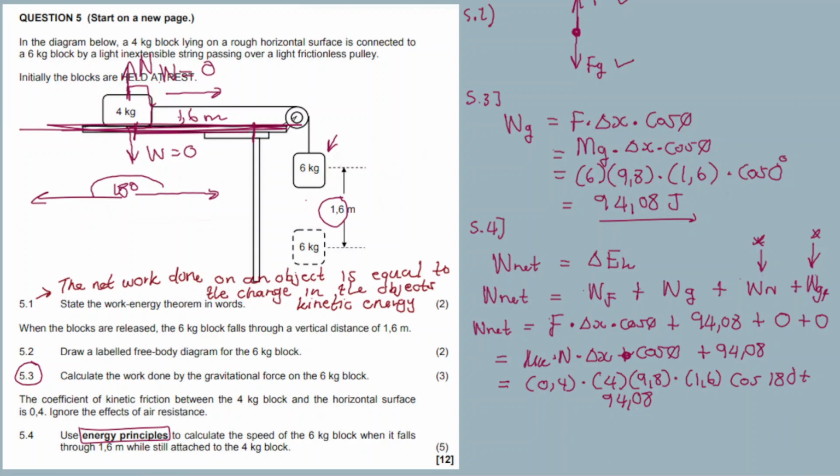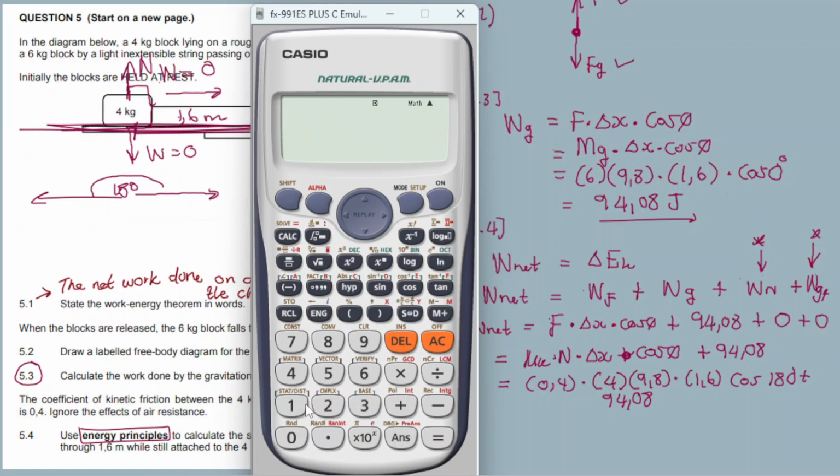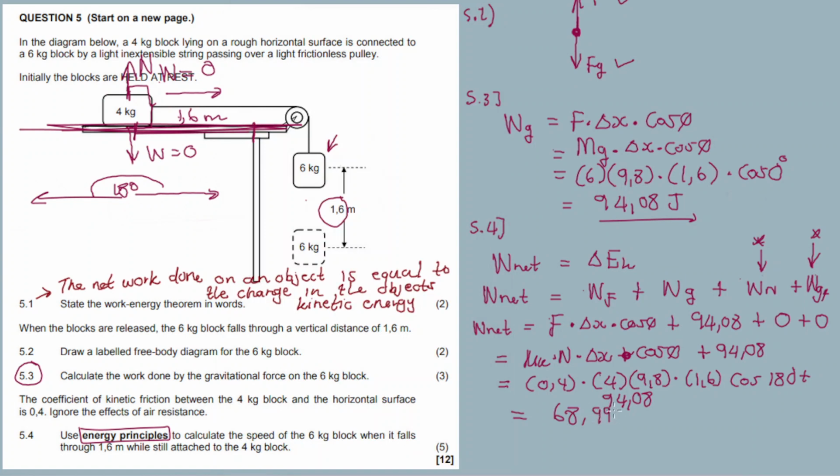So as we calculate this one, we get 0,4 times 4 times 9,8 times 1,6 times cos 180, plus 94,08, which is equal to 68,992. Okay, this is not our final answer. So it is 68,992 joules. This is the net work done.